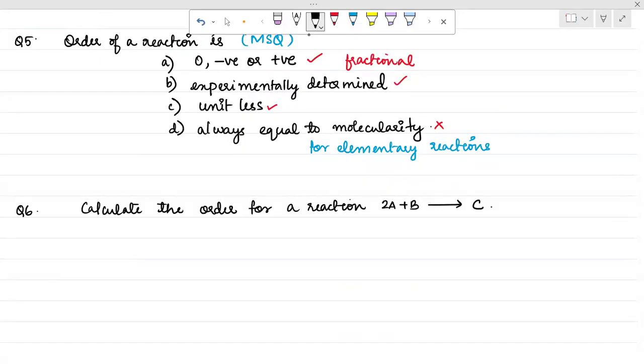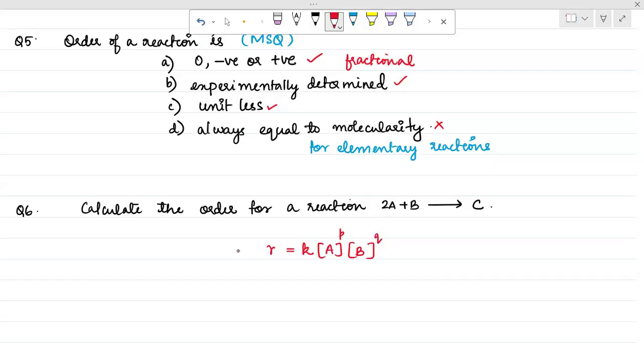We have to calculate the order. Rate of the reaction is equal to rate constant into, do the remaining. So rate is equal to K into concentration of A raised to P and concentration of B raised to Q.